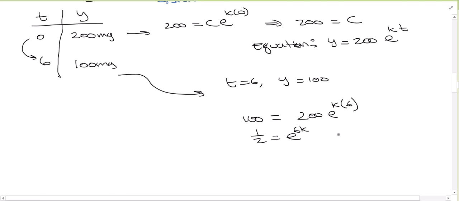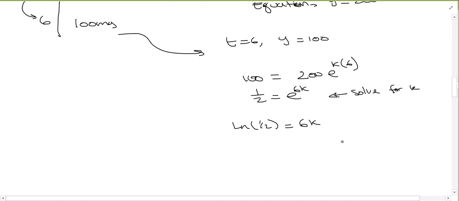And we want to solve for k. So take the ln of both sides, so natural log of 1/2 equals 6k, right? The natural log of e to the stuff is just the stuff, and then divide by 6. So k equals the natural log of 1/2 over 6. And sometimes you may see that people rewrite the natural log of 1/2 using rules of logarithms, right?